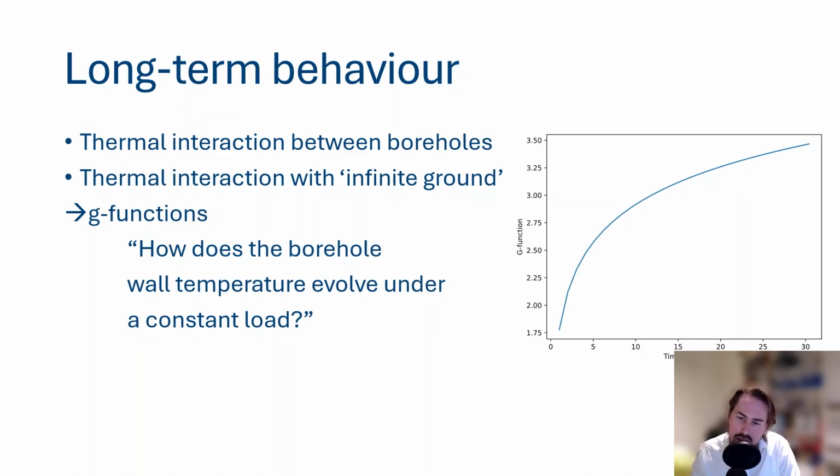And as you can see, in the beginning, this G function is really steep. And that's because, as you can understand, when you're just starting injecting heat into the ground, the temperature rises very rapidly because there is not so much ground around the borehole that's already, let's call it, thermally activated. And the longer you're injecting heat, the more the heat also spreads in the ground, and the more area is influenced by our borehole and by our borefield.